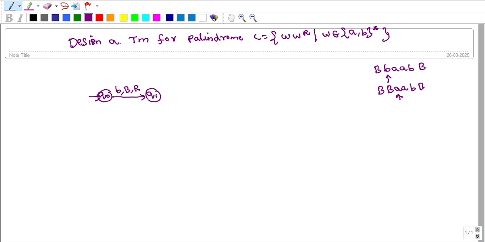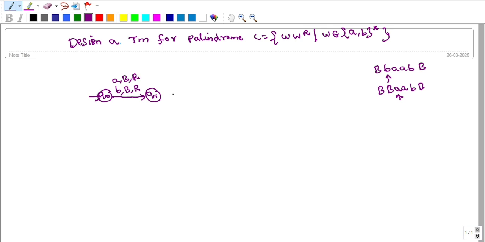There is also a possibility that the first symbol might be a. If that is the case, we replace this a also by capital B, and move on the right.